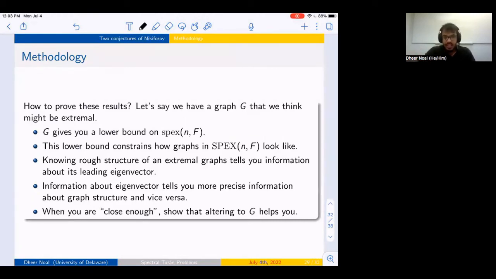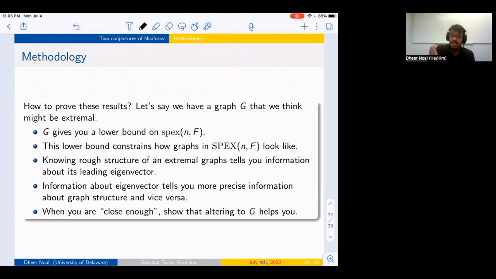So the basic method is, we're trying to show that some graph is spectral extremal while forbidding some subgraph F. Now, we have some spectral extremal graph in mind, maybe.